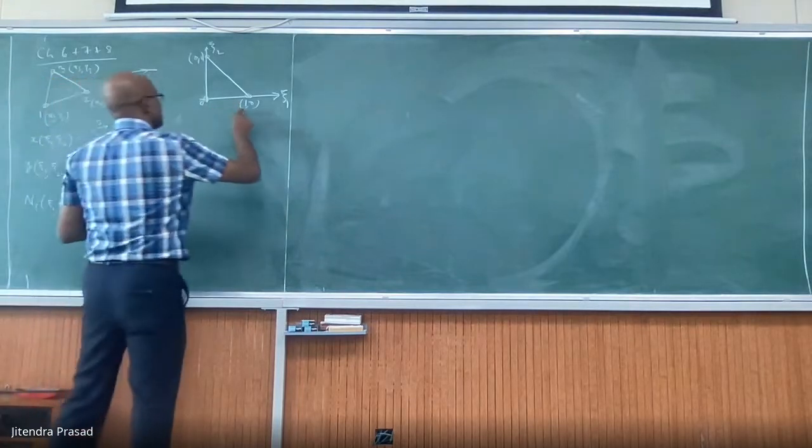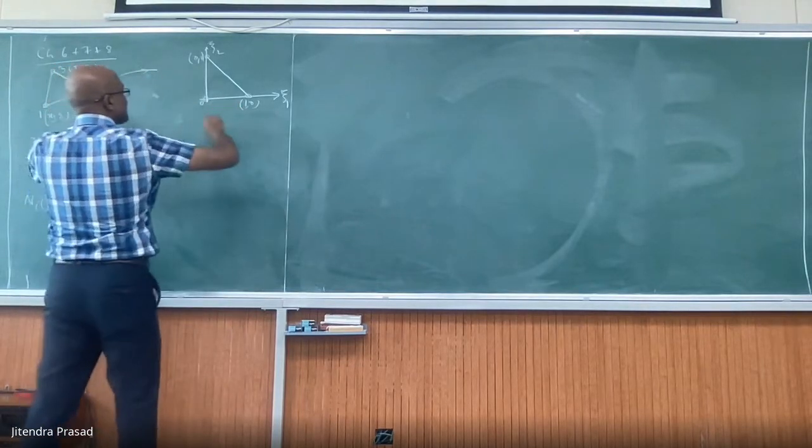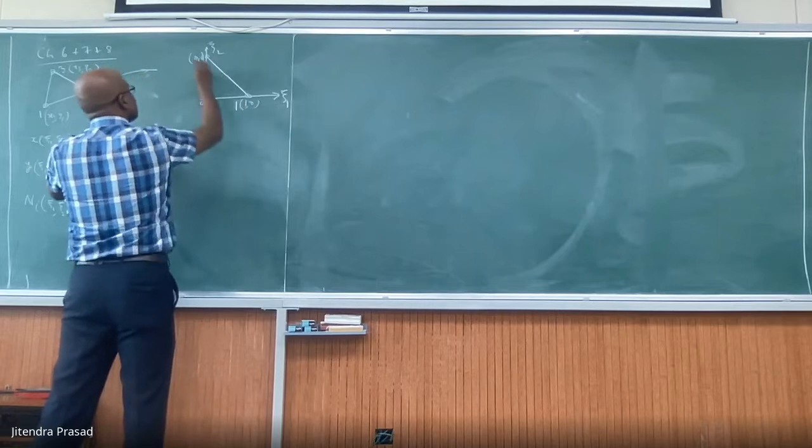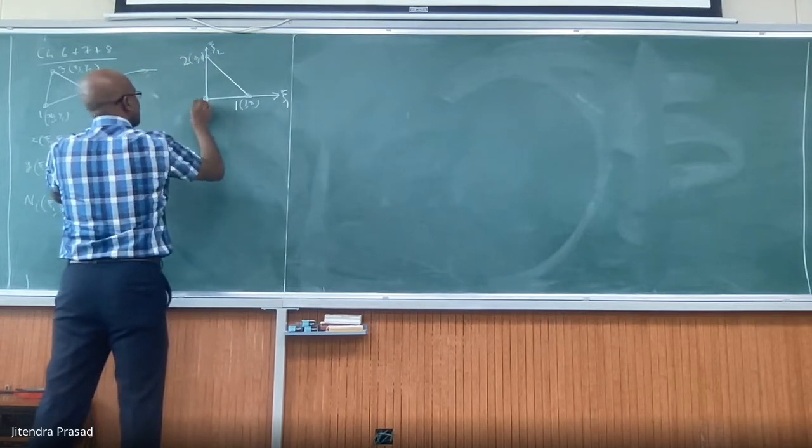So this is our transformation: node number 1 goes here, number 2 here, and number 3 is 0, 0.